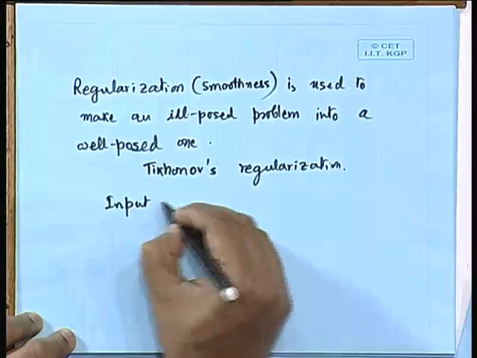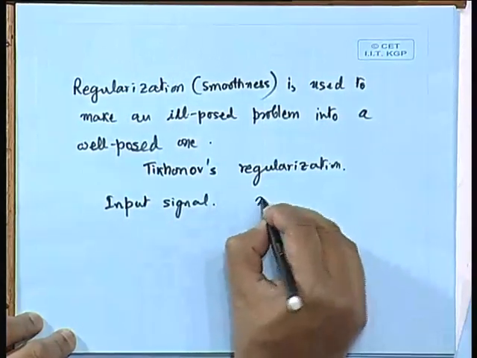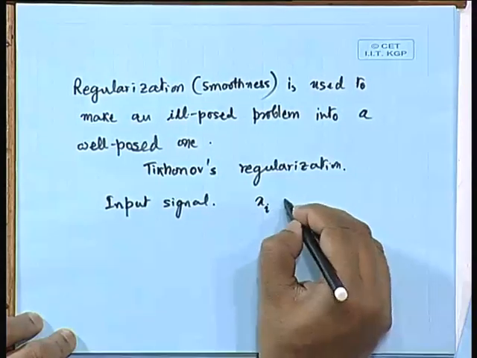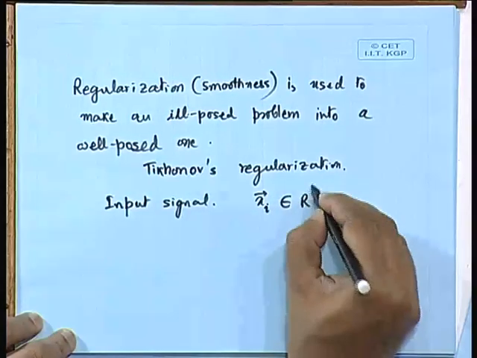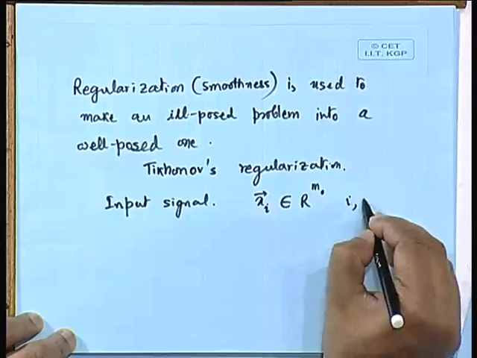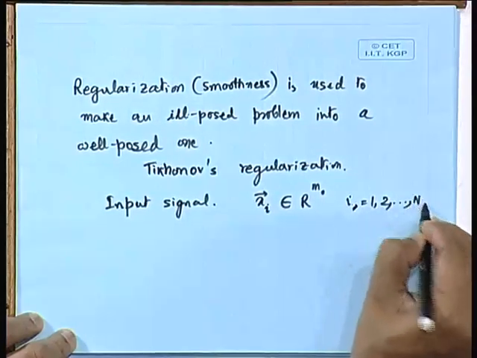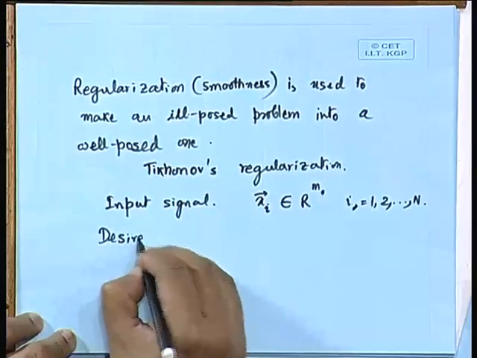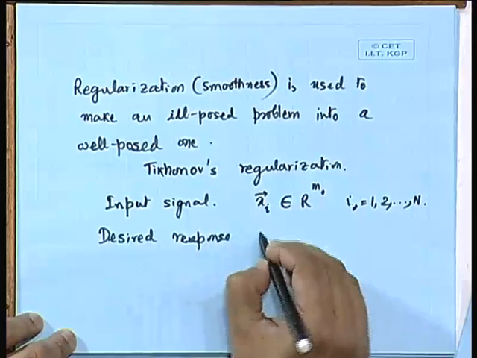The input signal for us is the set of x_i, where x_i belongs to R^m0, the input space is m0, with i equal to 1, 2 to N, and the desired response that we have is the set of d_i.